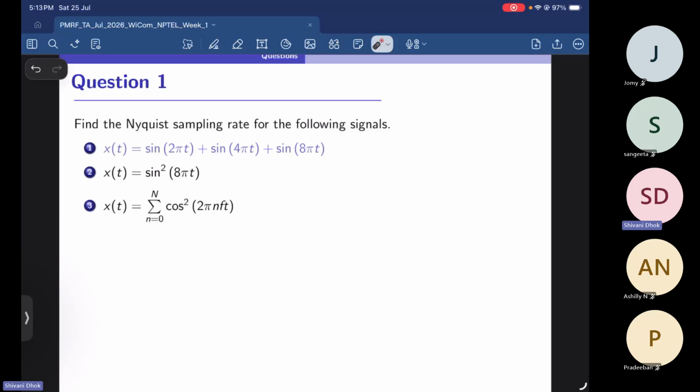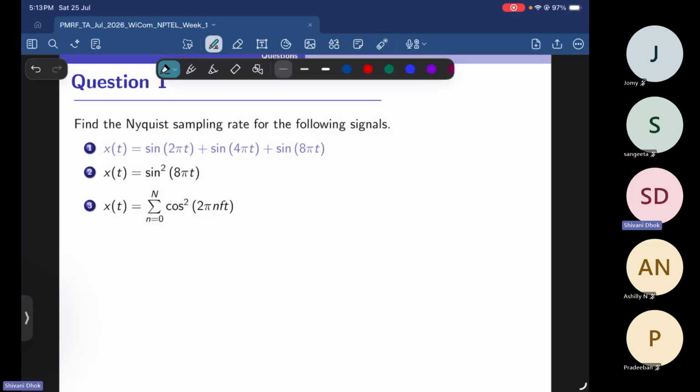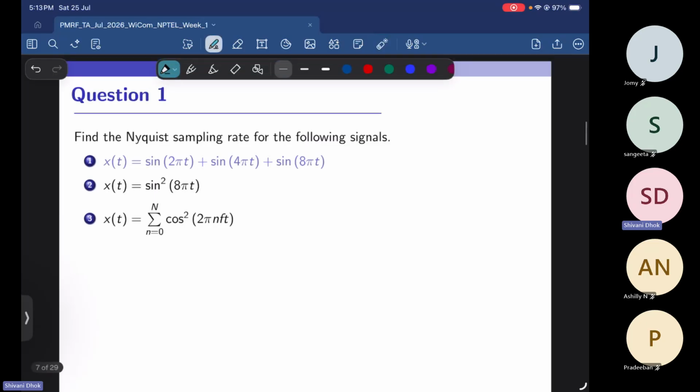Now this is a summation of sinusoids, and sines or cosines in their general form are written as sine 2 pi ft, or cos of 2 pi ft, where f is the frequency of that particular sinusoid.